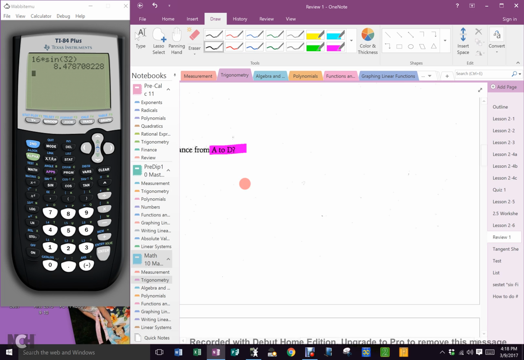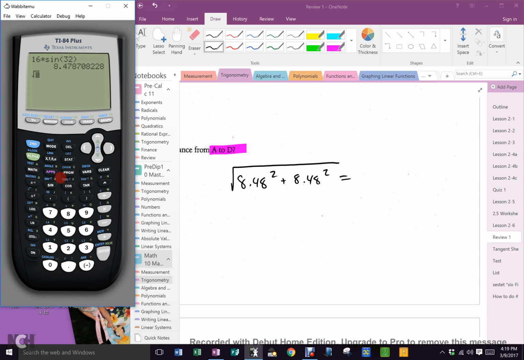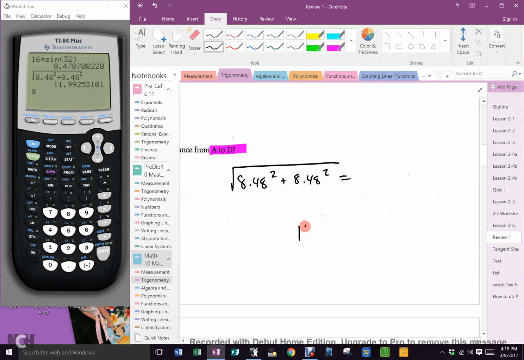So I go 8.48 squared plus 8.48 squared, and I square root that to get the answer. Square root 8.48 squared plus 8.48 squared equals 11.99 or 12.